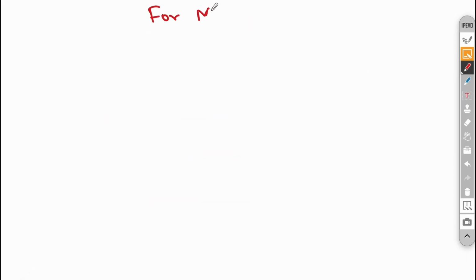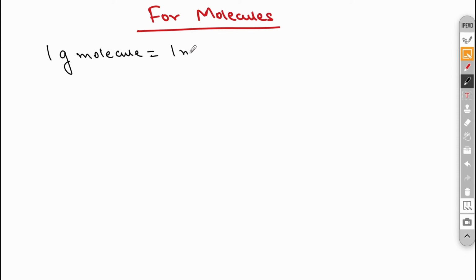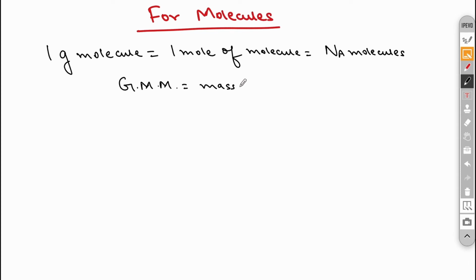Similarly, for molecules, we are discussing this just for problem solving purpose, we can write 1 gram molecule is equal to 1 mole of molecule, right? Which is basically NA molecules. The gram molecular mass is basically the mass of NA molecules in gram.